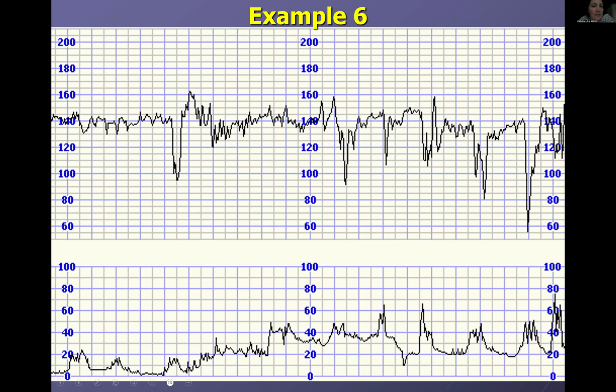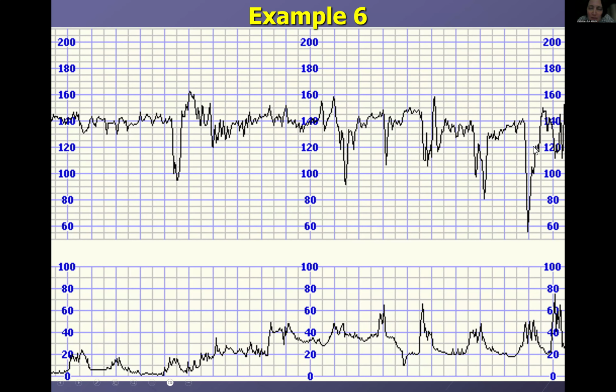So again, these are variables, although they look worse than the previous case, but these would still look as variable, but more ominous in the sense that there are a number of them which are late, and also they are deep. Look at this one, it's going down to 60, for example.